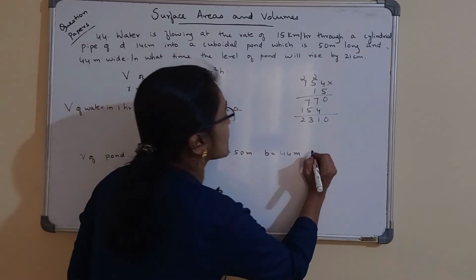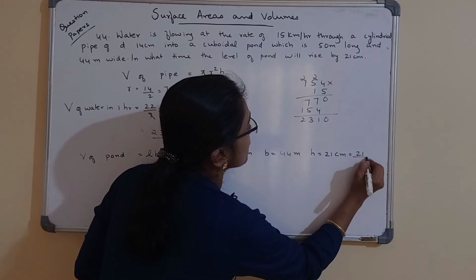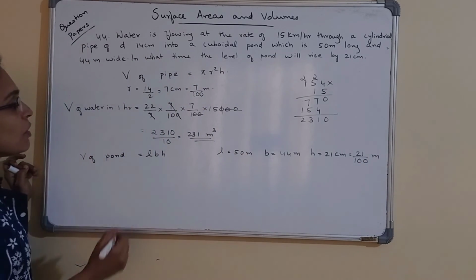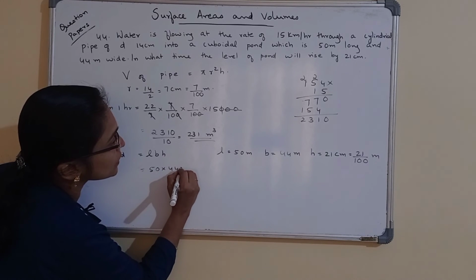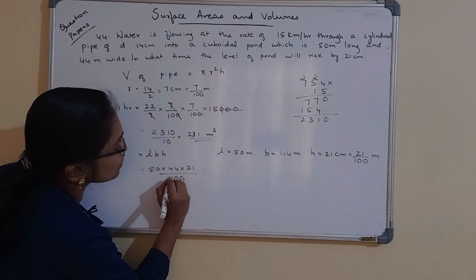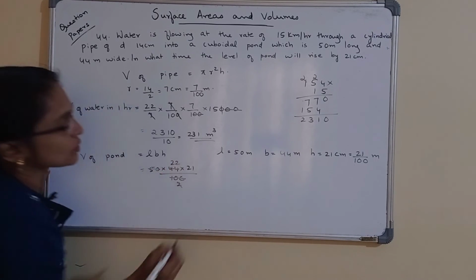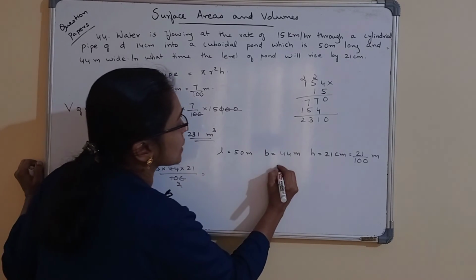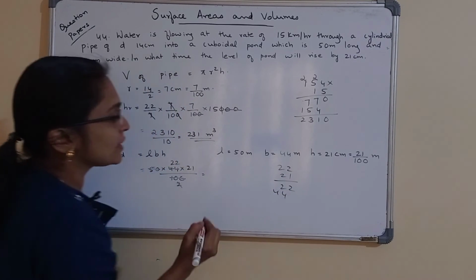So, height is equal to 21 centimeter, which is equal to 21 by 100 meter. Right? Now, volume of pond is equal to 50 into 44 into 21 by 100. 50 will go in 100 2 times and 2 will go in 44 22 times. So, this is equal to 22 into 21, which is 462.